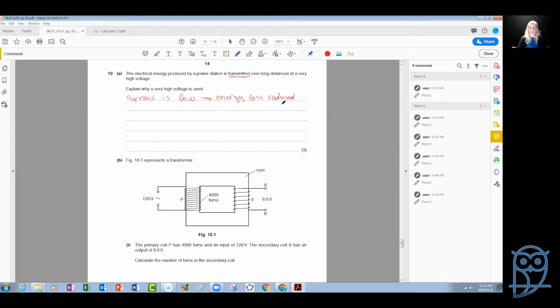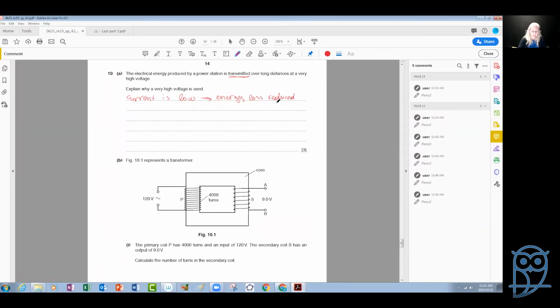Very important factor. Or else, if we were transmitting electricity at high current, the wires would be so heated up and warm the surroundings, and all the power that we transmit would be lost rather than arriving at the cities where we need it.